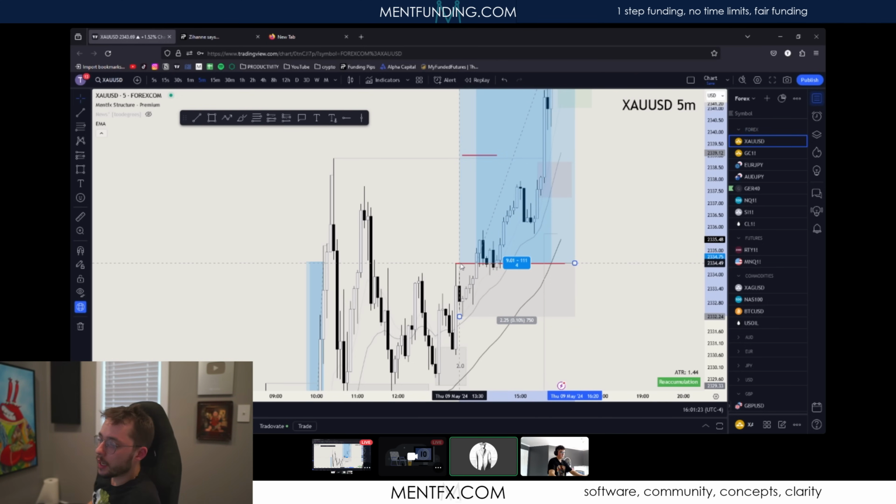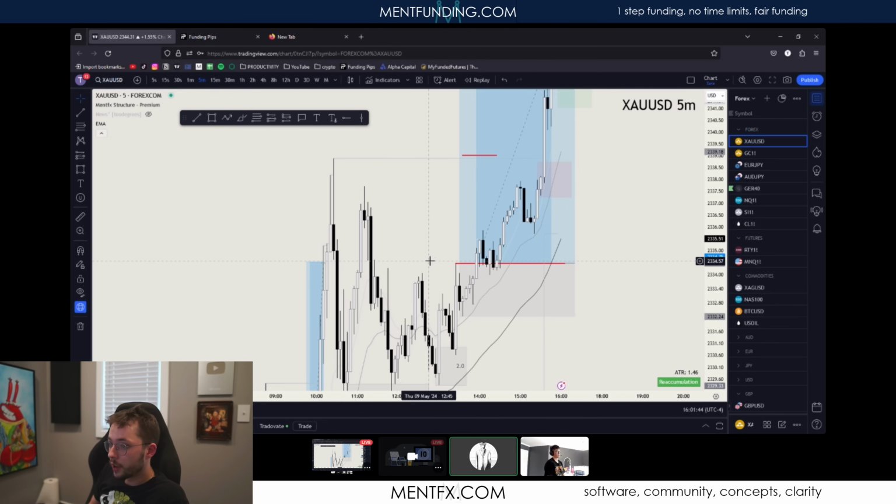Taking an extra minus 0.03 R is not going to make or break your system. But changing the rules in a small way, like moving your stop to a different area, is going to make or break a system. So it's very important to consider how you're going to do it. But it's also okay to protect the price that you got in at, if those are your rules. If you did get slipped to 23.35, it's okay to protect that slip.